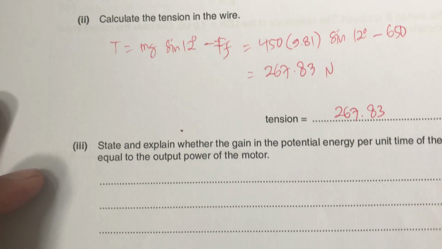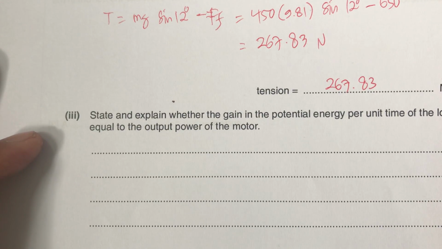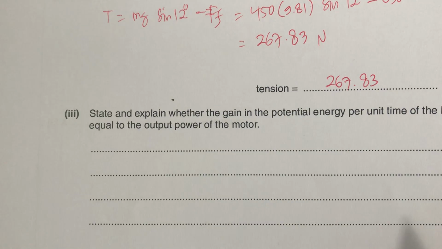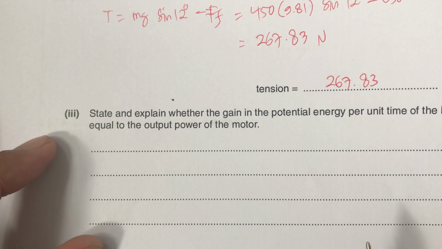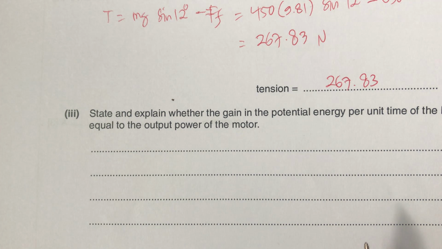So the question states to explain whether the gain in potential energy per unit time of the load is equal to the output power of the motor. Yes, because this is how the motor gains up the load.